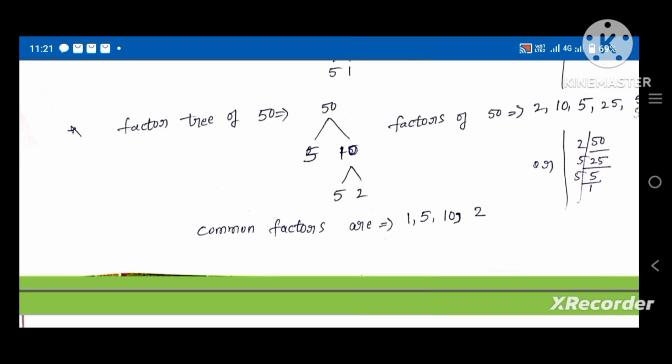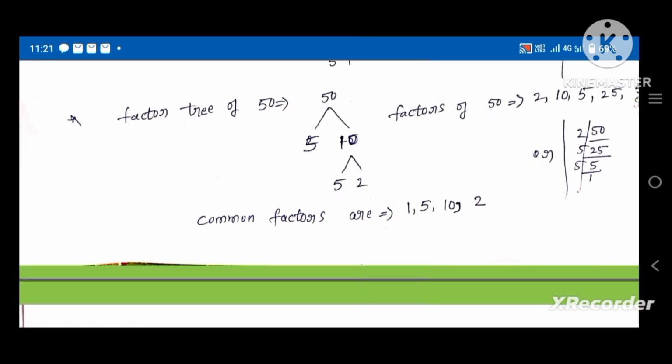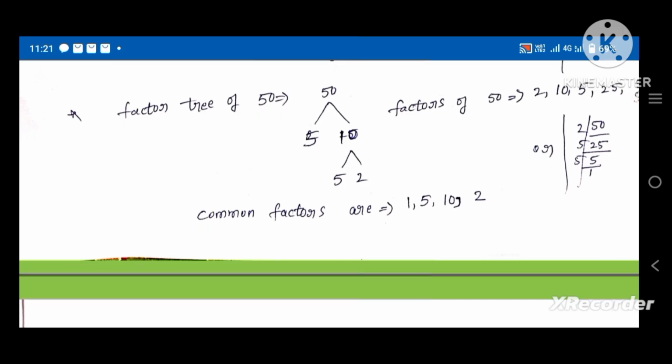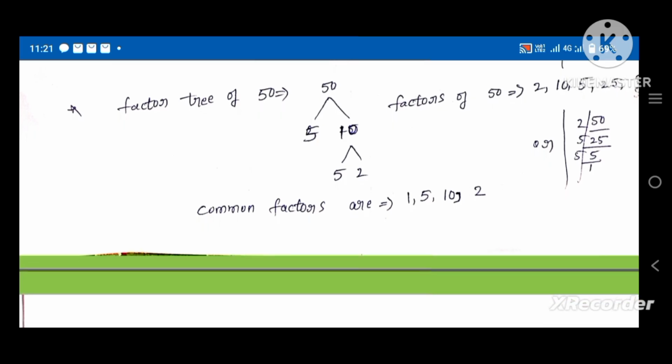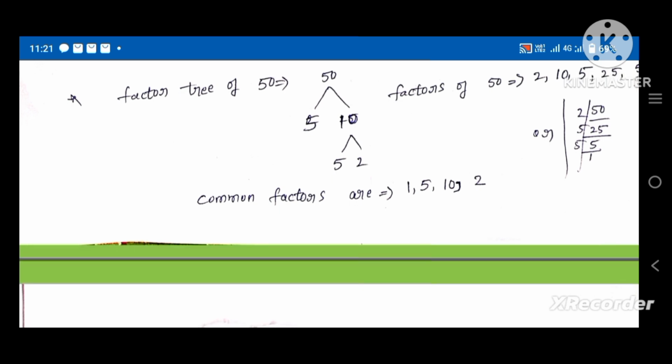Factors are 1, 5, 10, 2. Which number is common in both sides? Those are the common factors.